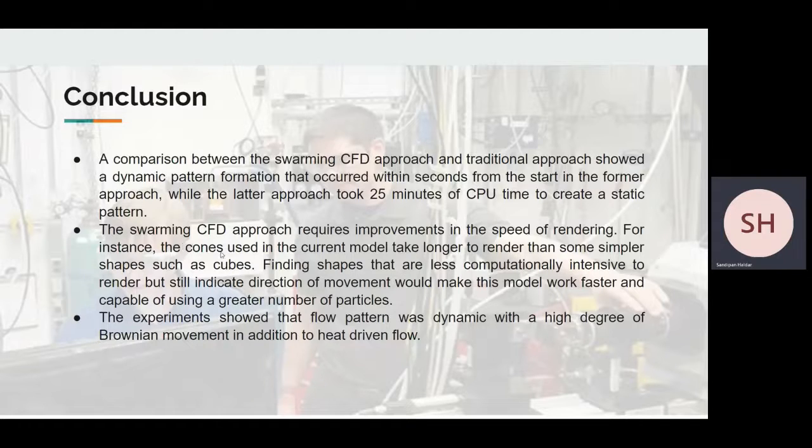For instance, the cones used in the current model take longer to render than simpler shapes such as cubes. Finding shapes that are computationally less intensive to render but still indicate the direction of movement of the particles would make this work faster, and we could also use a much larger number of particles for the experiments. These improvements will help create a representation of air movements in the entire room volume, and we can follow up with an experimental validation process in a wind tunnel or full-scale testing.